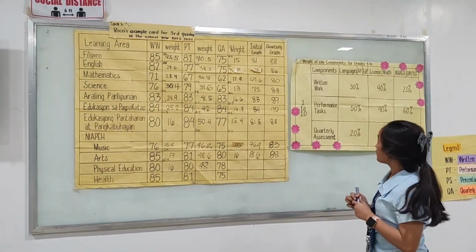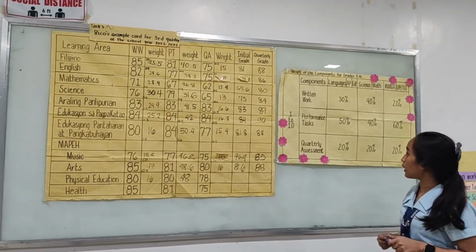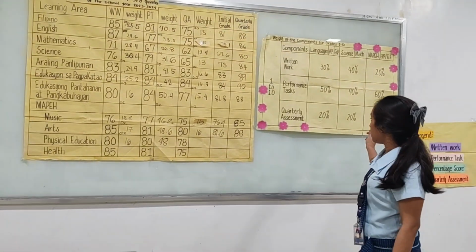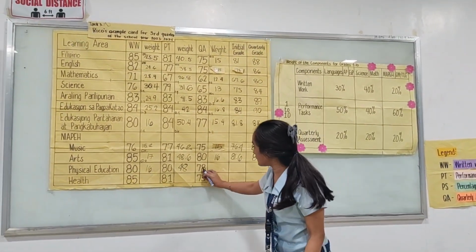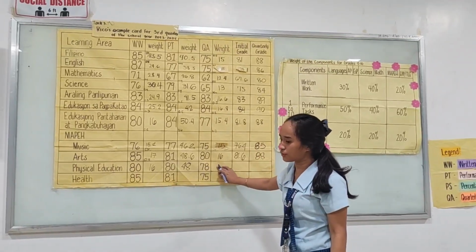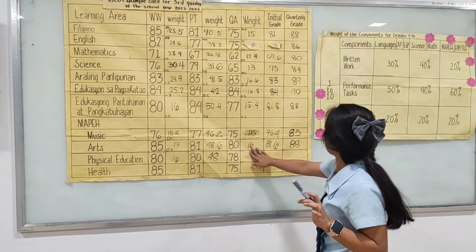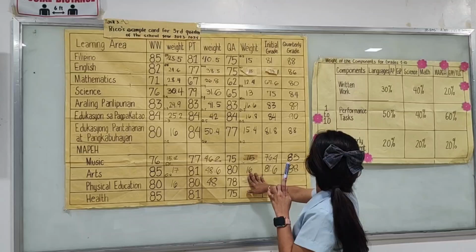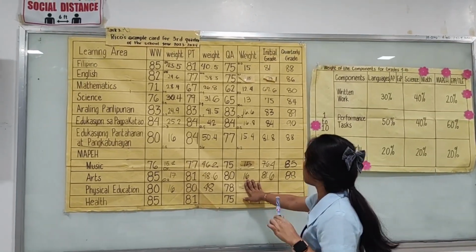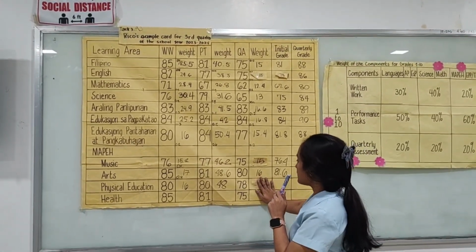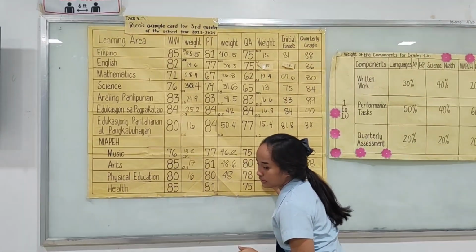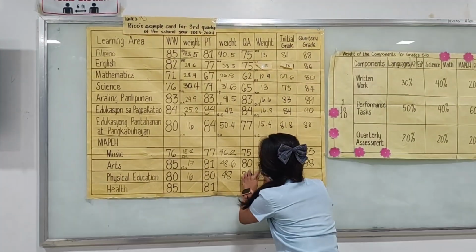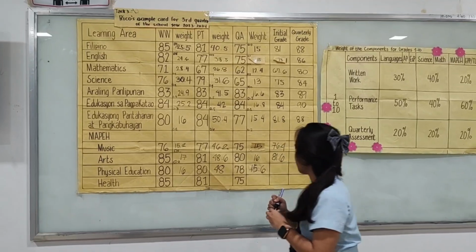So the weight component of the quarterly assessment in MAPEH Physical Education is 20%. So 78 times 0.2 is 15.6.